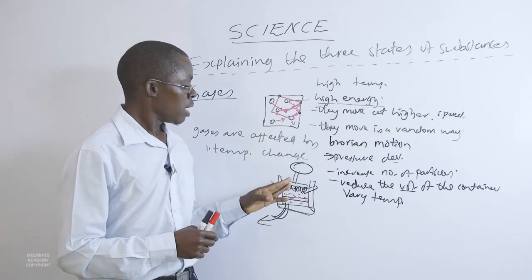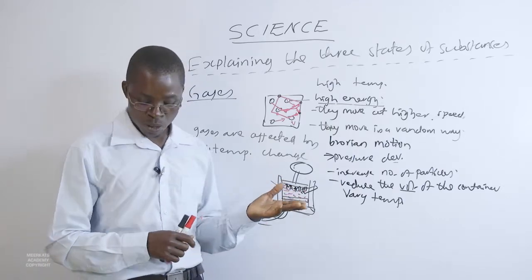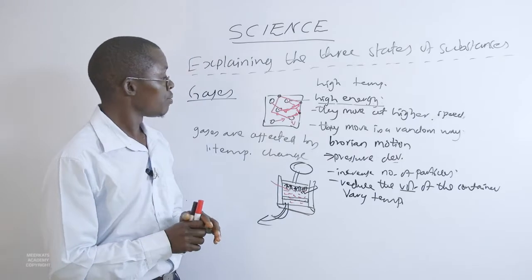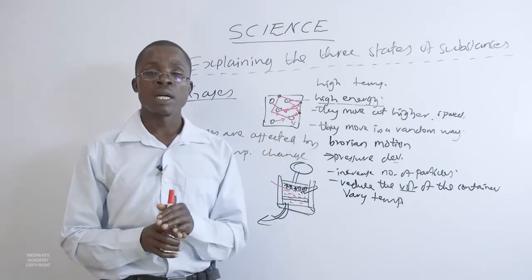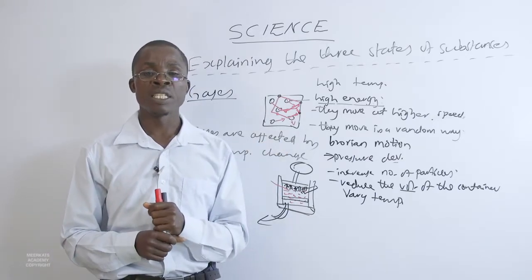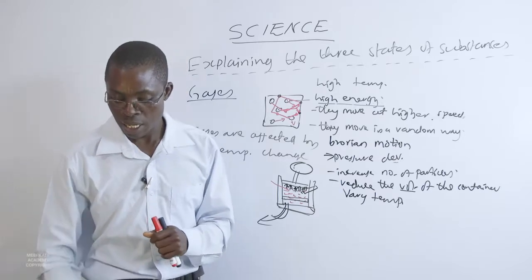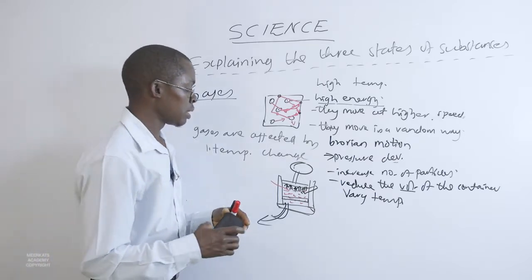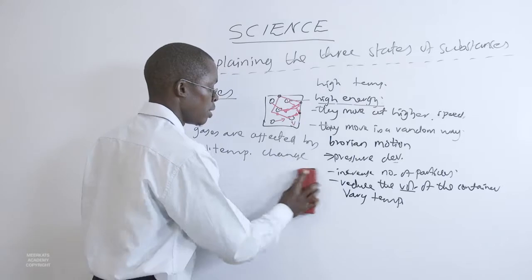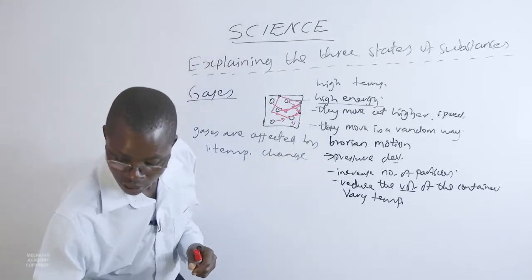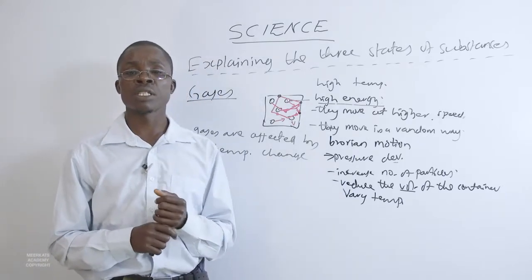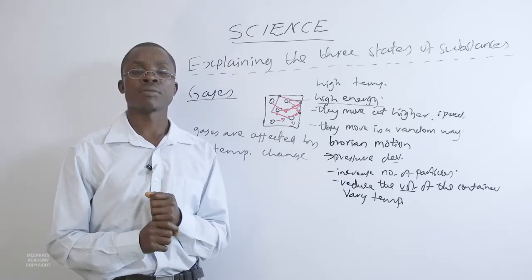The other way we can explain this is by looking at an LPG gas cylinder. Are we able to explain these properties of a gas using that? The answer is yes.